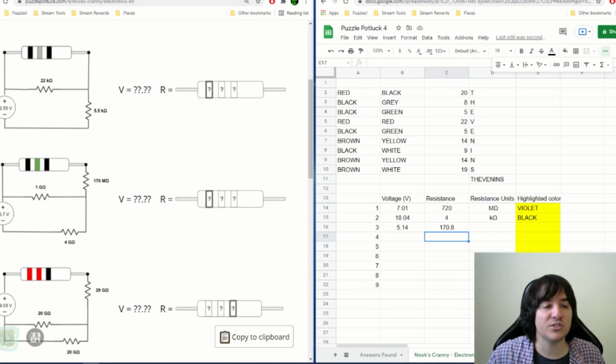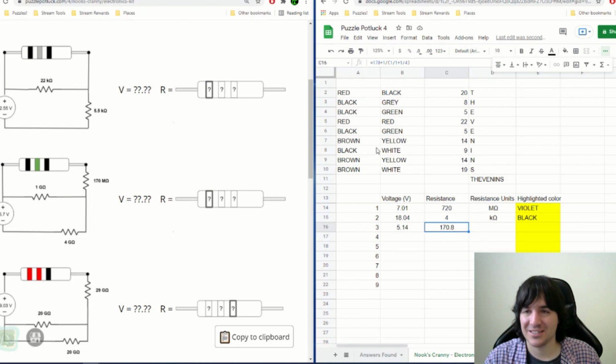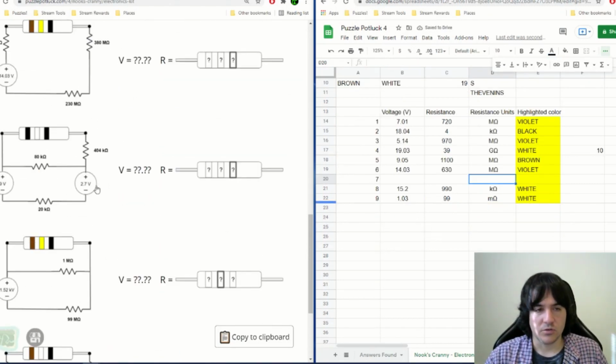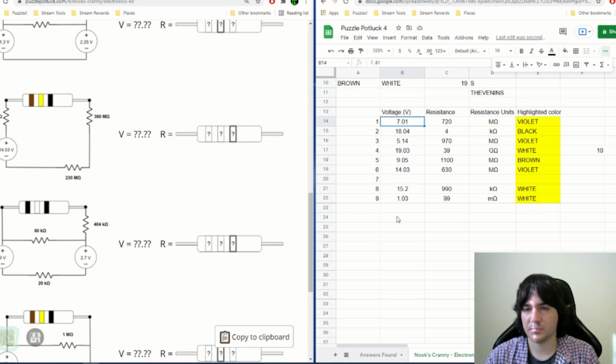Why are you being so mean? This is mega ohms and these are giga ohms. So I should probably convert everything to one of those 2 units before. So the only other one is this one, and I don't immediately see how to get this equivalent voltage here. So let me see what I get. Maybe I can deduce it from whatever this message is.